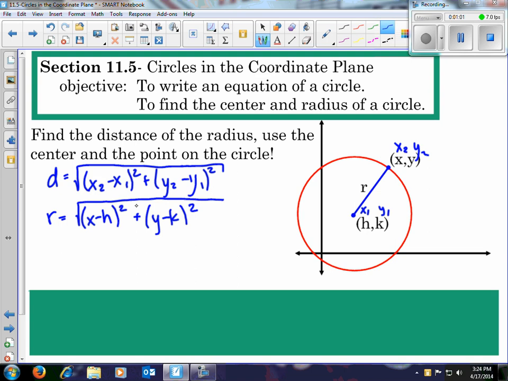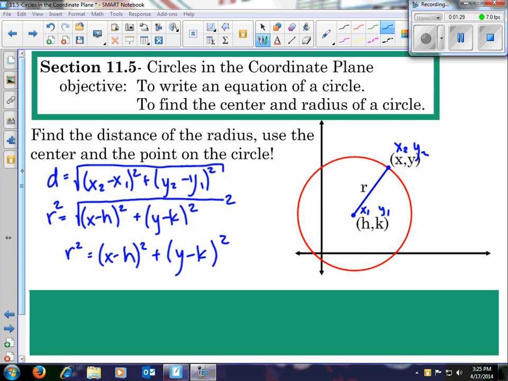So here's this distance. So if I square both sides, then I get r squared is equal to the square root, oh, sorry, not square root. I squared the square root, so it disappears. So I just have x minus h squared plus y minus k squared.